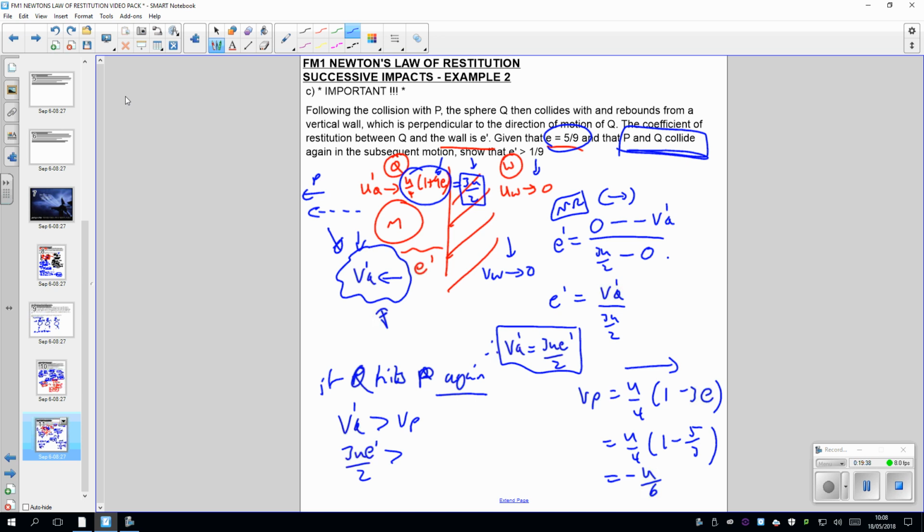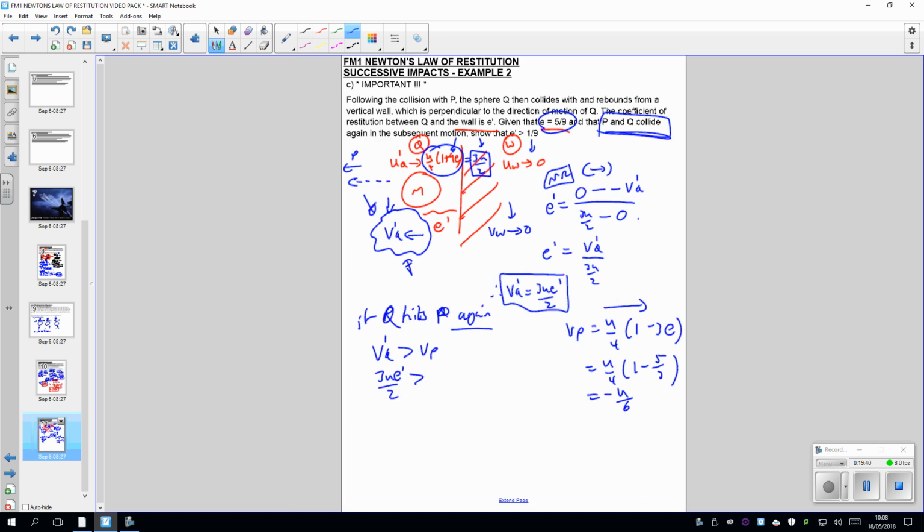So the speed of VP to the left is U/6. Do you see? So this thing, VQ prime, must be bigger than U/6. So E prime equals, if I times by 2, divide by 3, the U cancels, I'm going to get 1/9. Perfect. Which is exactly what the question asked for.